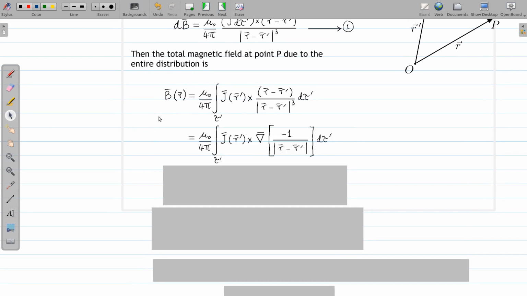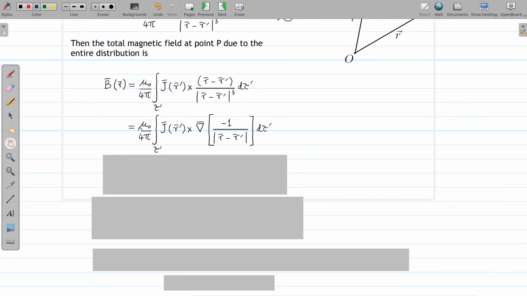Now that relationship which we had used earlier also: vector r divided by modulus r cubed is equal to unit vector r cap divided by modulus r squared, which is equal to minus gradient of 1 by modulus r. We use that same relation. So this quantity can be written as gradient of minus 1 divided by modulus r minus r prime, and we substitute this over here.